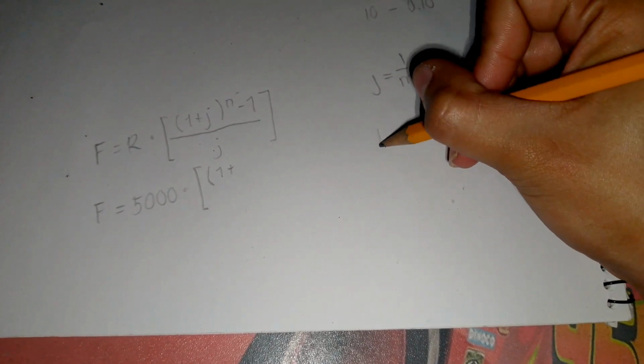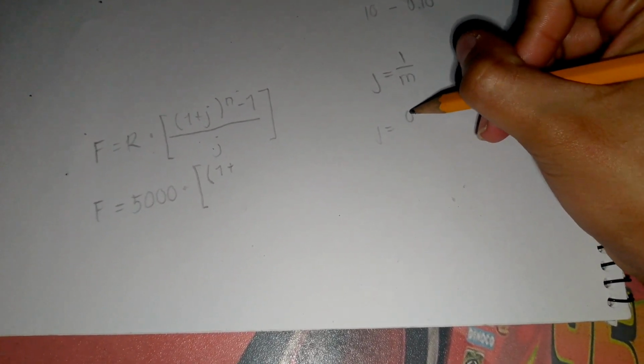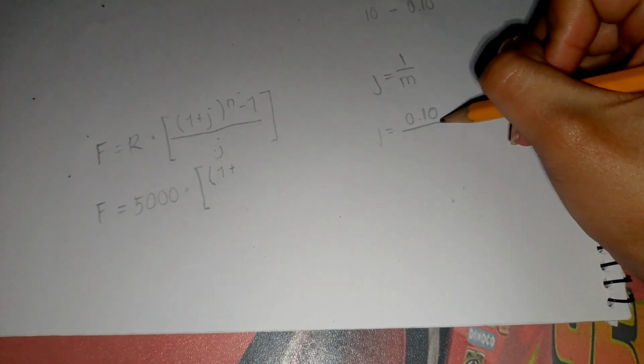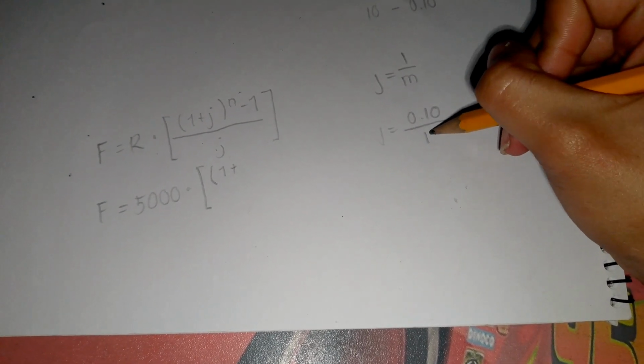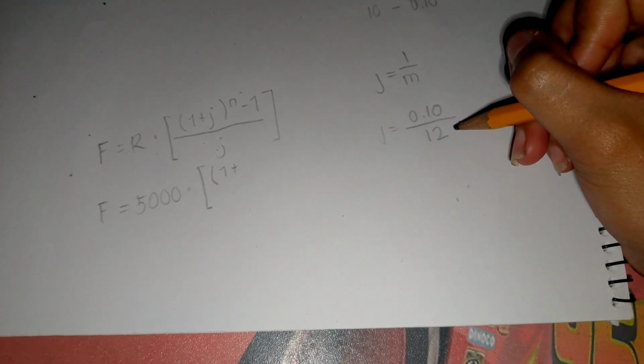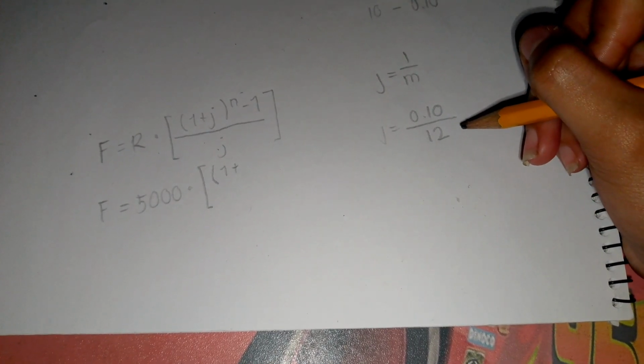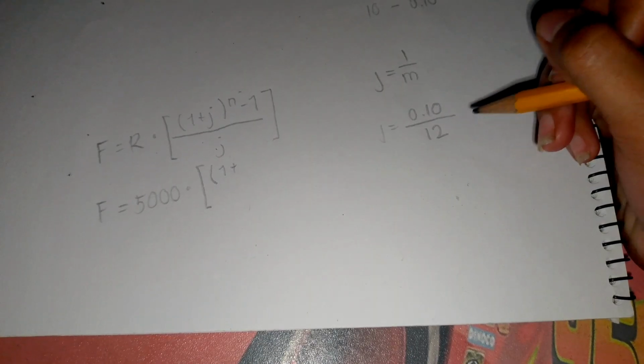So magiging J equals 0.10 over 12, kasi monthly, meron tayong 12 months in a year.